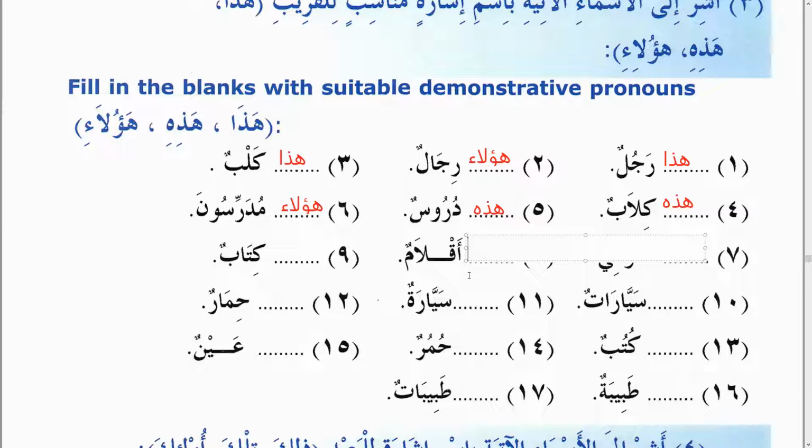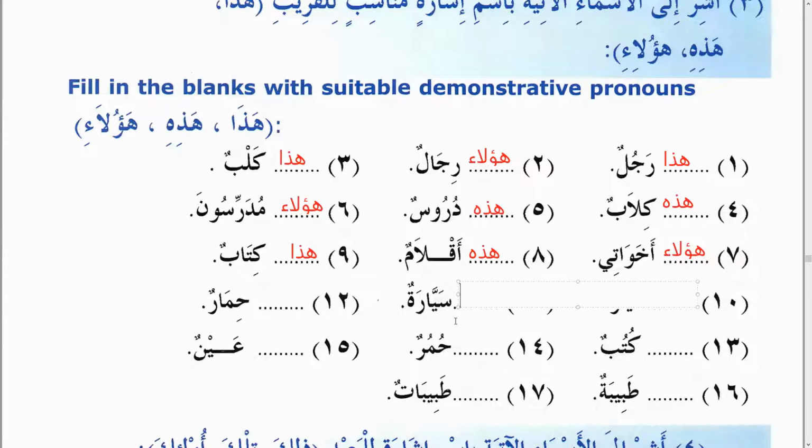Hadihi, yes. This is what you are learning. Hadihi aqlamun. Kitabun. Hada kitabun. Very simple. I'll help some of them out. Hada kitabun. Sayyaratun. These are cars. Same. Hadihi again. Because these are cars. Sayyarat is the plural of ghayr aql. Sayyaratun, the 11th one.